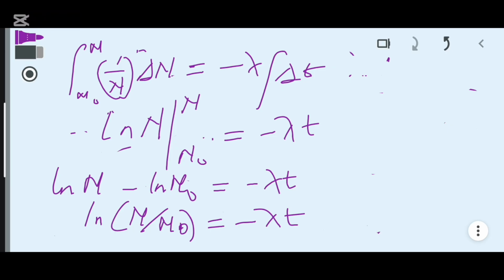So this will now give us N over N naught equals exponent of negative lambda times time.